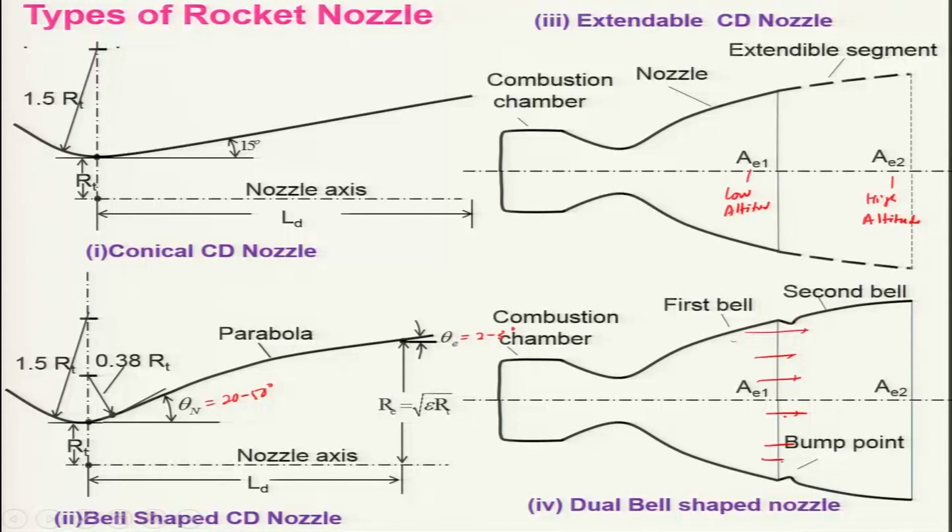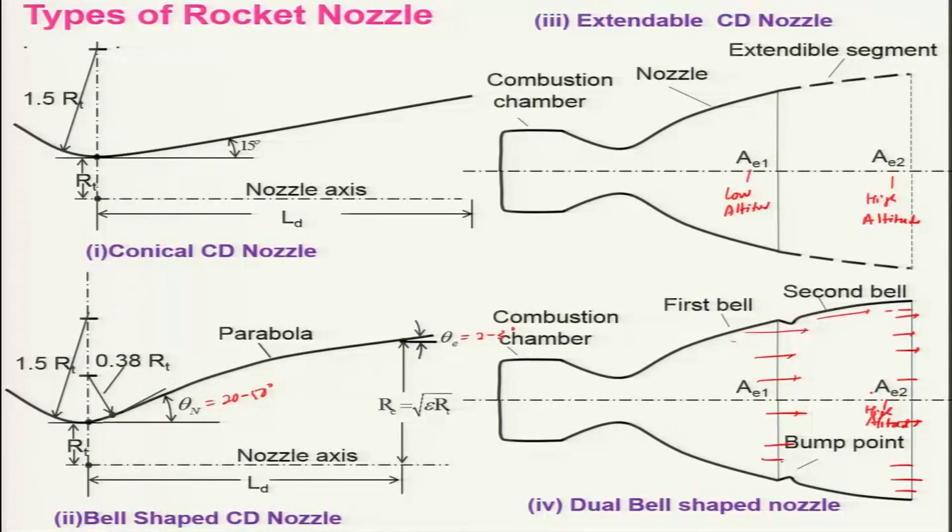However, when it is operated at high altitude, let us say at A2, the flow will take place over here and it will operate as if it could see the higher area ratio, and it will be adjusted so that the losses will not be there.